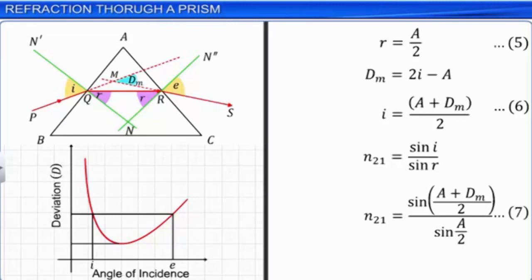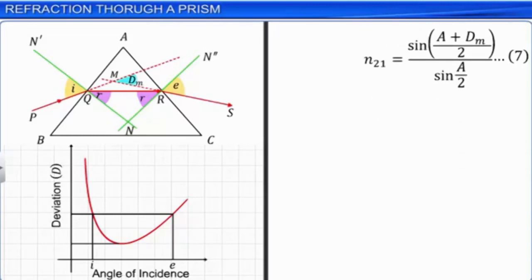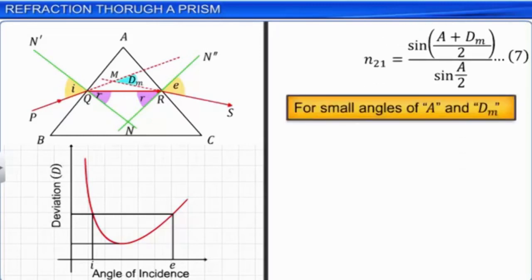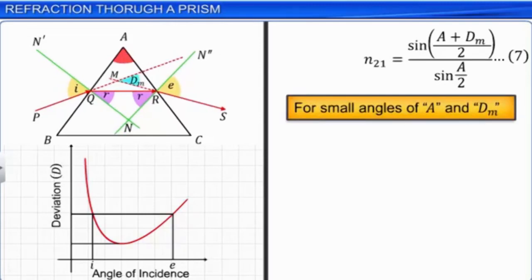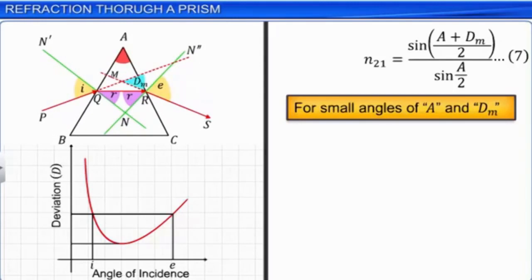If the refracting angle of the prism is small, then the value of the minimum deviation is also small. But we know that for small angles theta, sin theta is approximately equal to theta. Hence, we can assume that sin of (A plus dm) by 2 is approximately equal to (A plus dm) by 2, and sin A by 2 is approximately equal to A by 2.